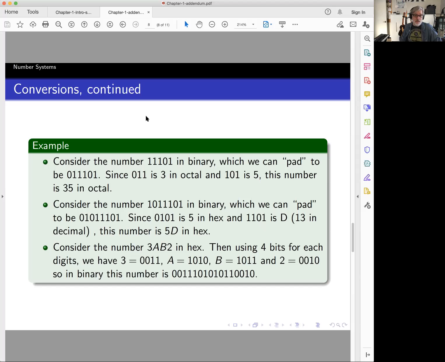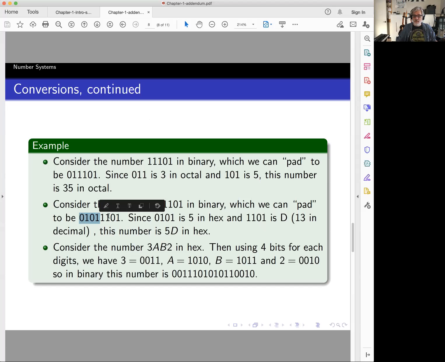Another example, this time in hex. If you look at the binary number 1011101, I'd like to group in groups of 4, so I'm going to add a 0 in front. Now the first 4 bits, 0101, that's 5. To illustrate what I was saying, if you just look at these bits, that's worth 5.